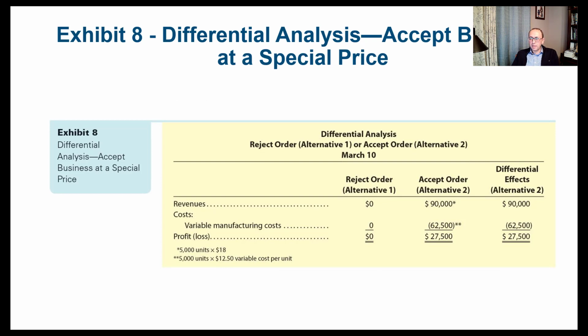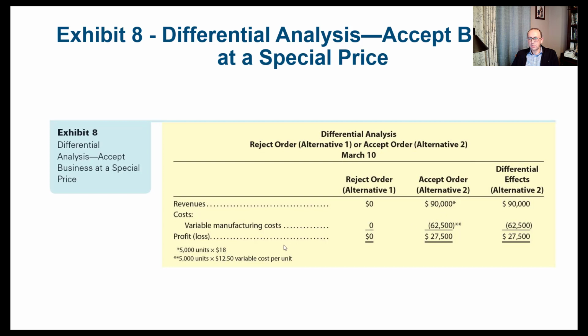So here's our analysis. If we decided to reject the order, our revenue would be zero. We don't have any variable costs, which is our focus here, and the profit would be zero, again for this additional order. But if we accept the order, the revenue would be $90,000, calculated as the additional 5,000 units multiplied by $18 per unit.